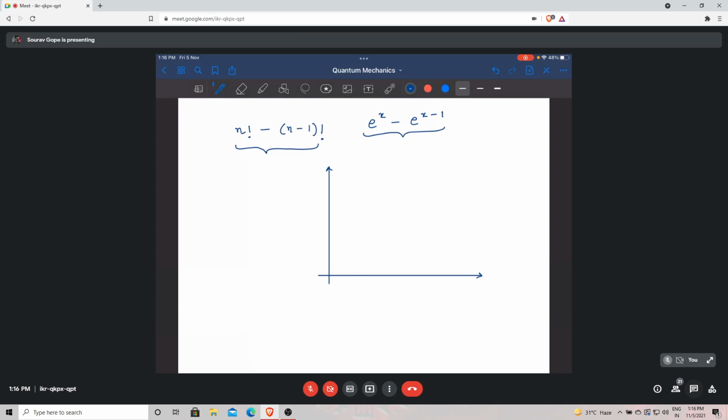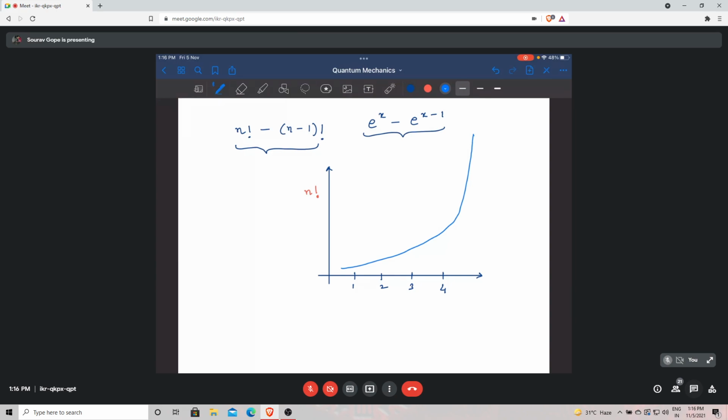Suppose in the x-axis I plot n equal to 1, 2, 3, 4. Now if in the y-axis I plot n factorial, what happens? The curve, after a certain value, starts to grow very rapidly.